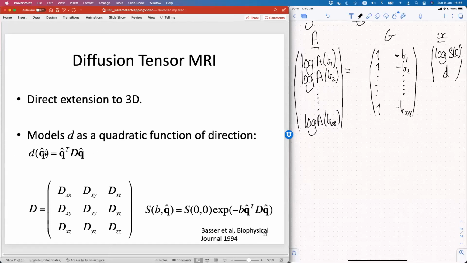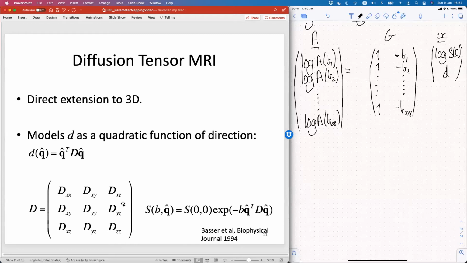So D is now a function of Q hat, the orientation, and specifically we get the D for a particular orientation by expanding out this quadratic form. Q is a unit vector, and D is the diffusion tensor, which is this 3x3 symmetric matrix that I've drawn here.